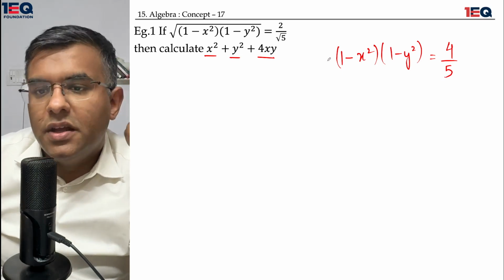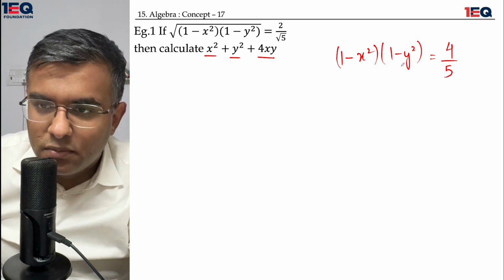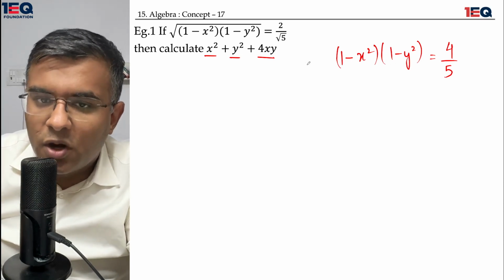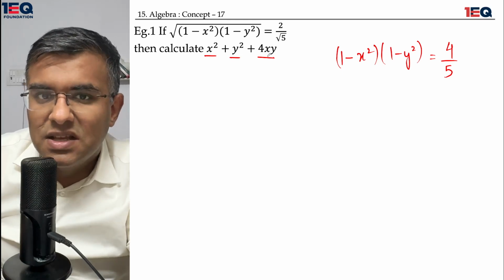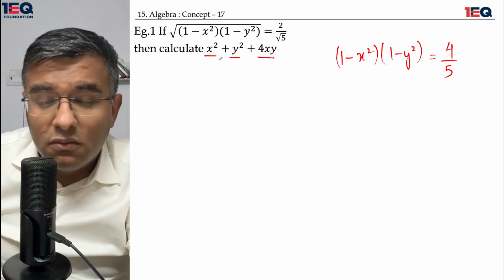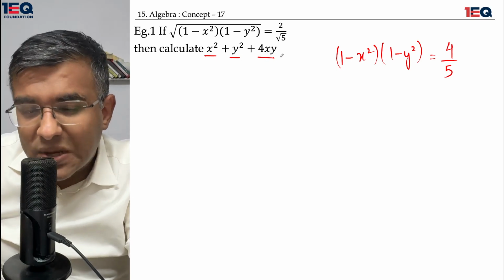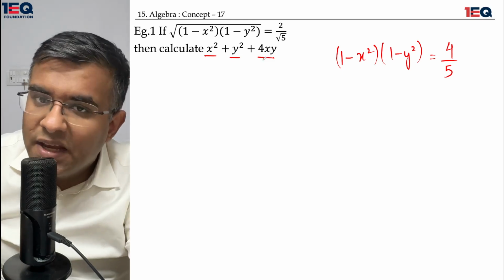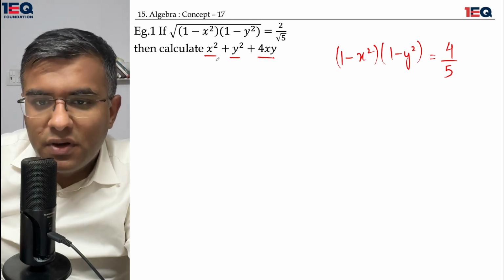Now, even if I try to multiply it, it is going to give me a very gloomy picture, and we would not be able to reach an identity. Why? Because what the question asks us to calculate is not part of any identity, so we will not be able to reach it.